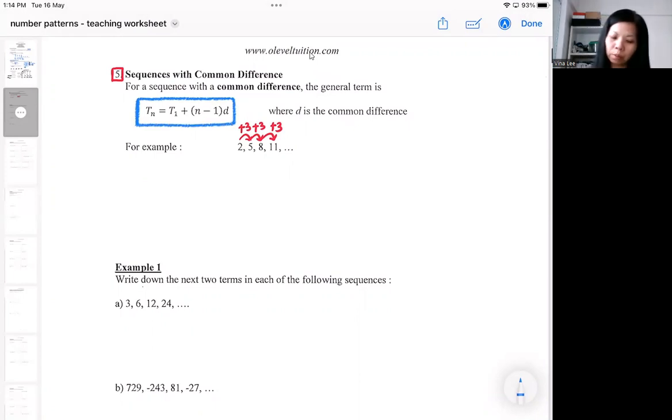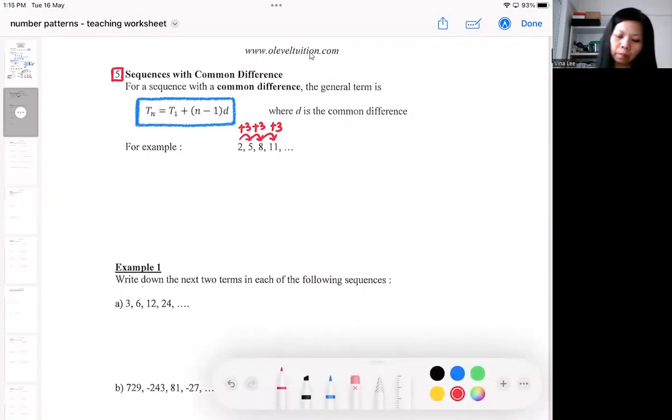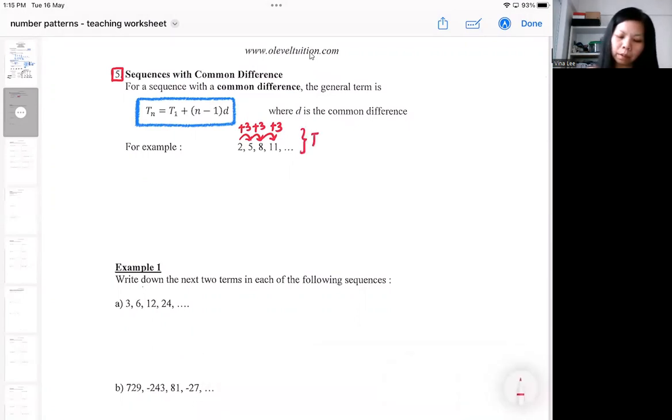I'm going to show you how to generate the formula by using the first term and the common difference. In this case, the first term is equal to 2, and you keep adding the number 3. So the common difference is 3.